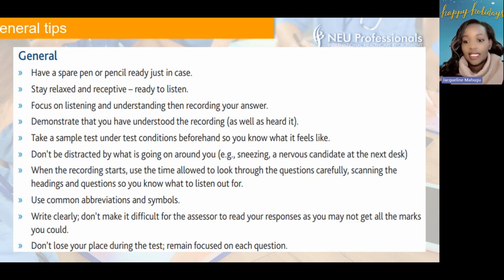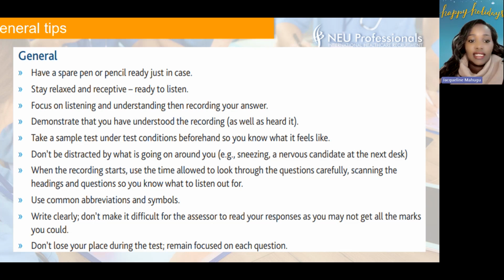But for some other exam centers, they give everybody earphones. So headphones actually. So that is what happens. Either big speakers playing in the exam room or everybody is given their own individual headphones. So that one completely depends on your exam center.